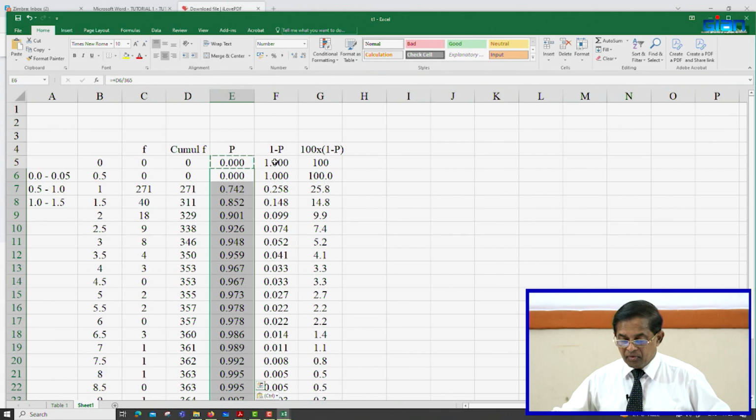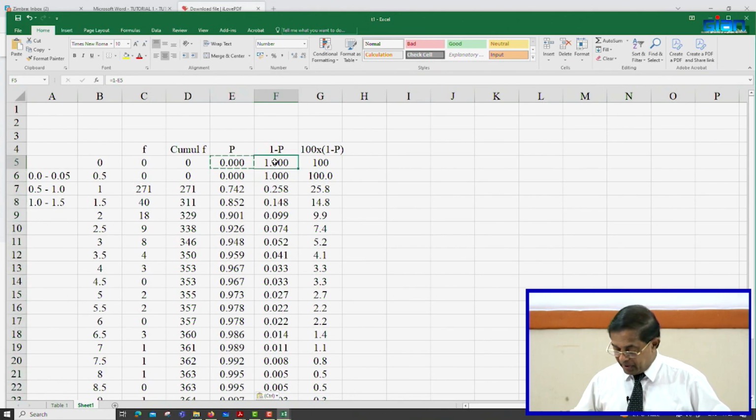Okay. And now calculate 1 minus p. Okay. Now the rest is correct.